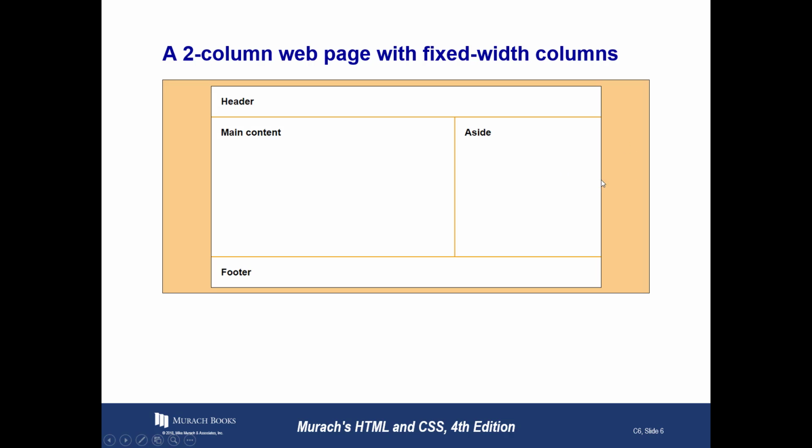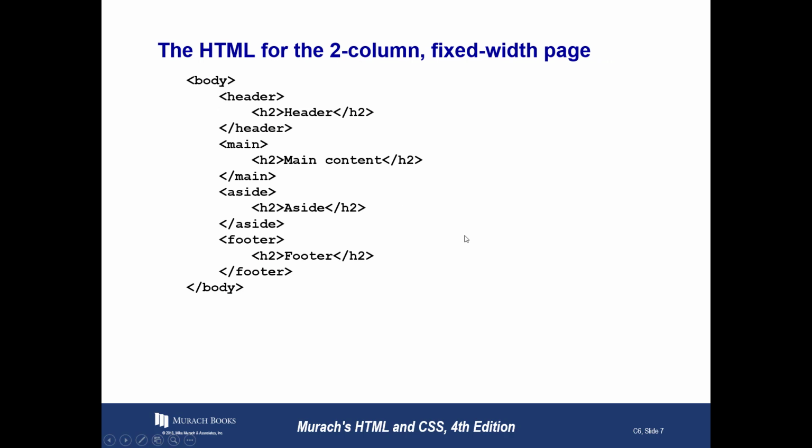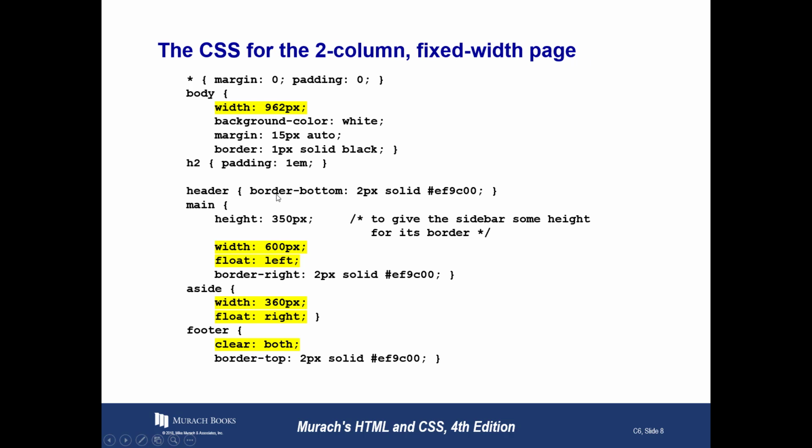So regardless of how big or how small your screen size is, the main content will always take 65%. The aside will always take 35%. That's just estimates on my part. So they show you the CSS to do that. You'll notice that inside of your main, you've got your main stuff and you've got your aside stuff. There are a lot of ways that you can set this up.